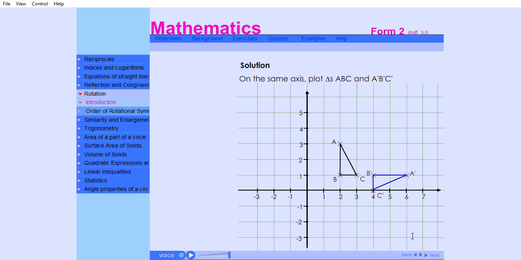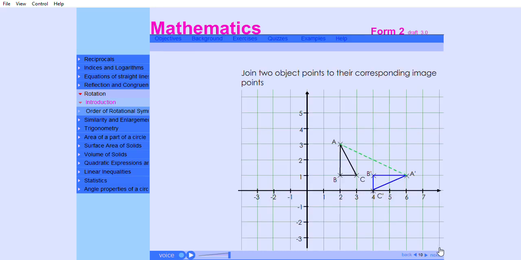Solution. On the same axis, plot triangles ABC and A1B1C1. Join two object points to their corresponding image points.